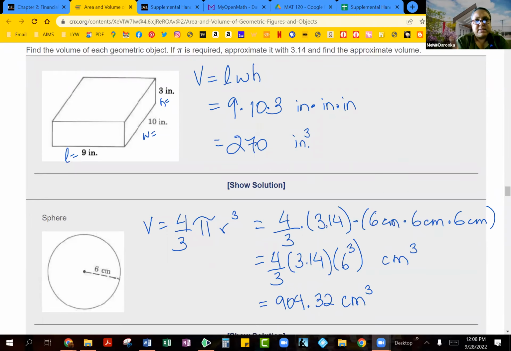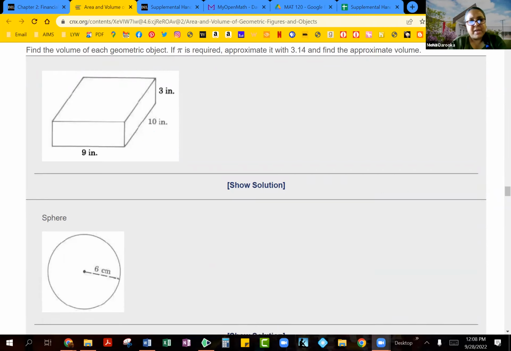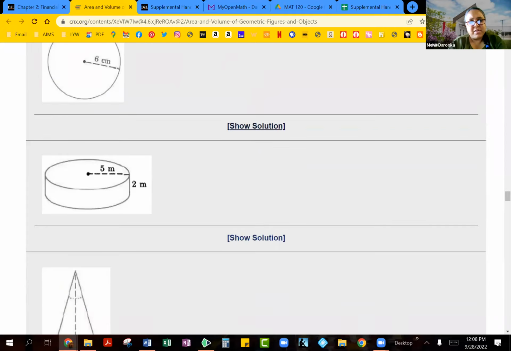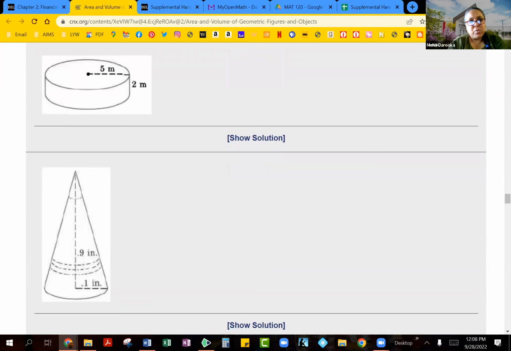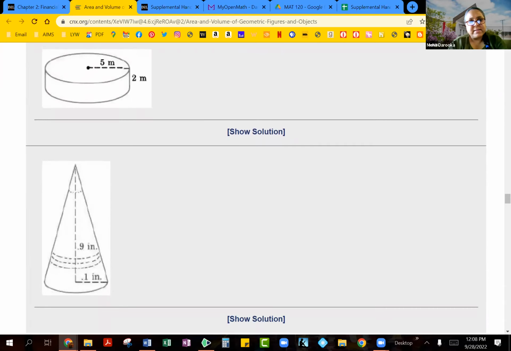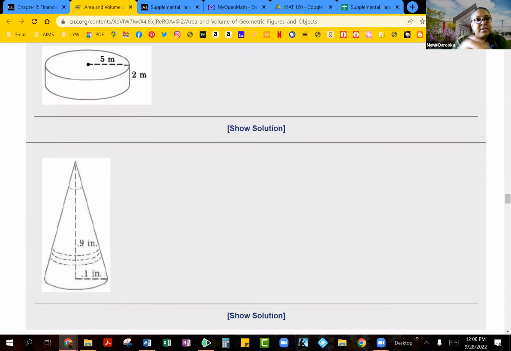Okay, let's clear this out. So we've done the rectangular solid, the sphere. Now we're getting into the cylinder and the cone. So let's take a look at this guy here. So a cylinder was, sorry, I don't think it had a fraction in front of it.